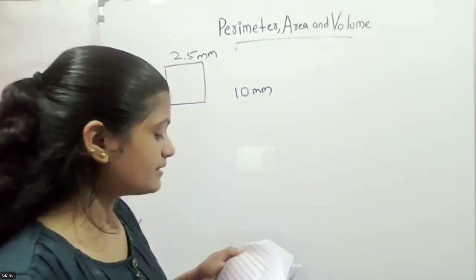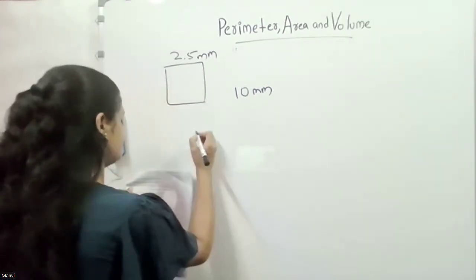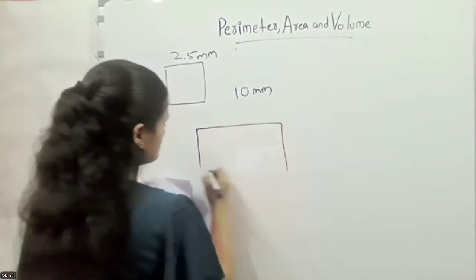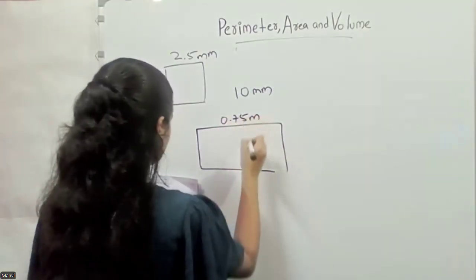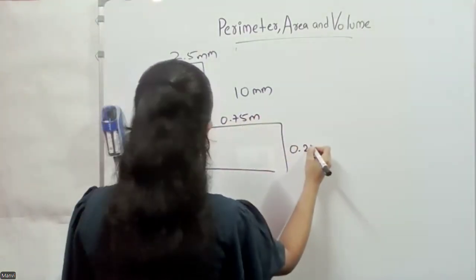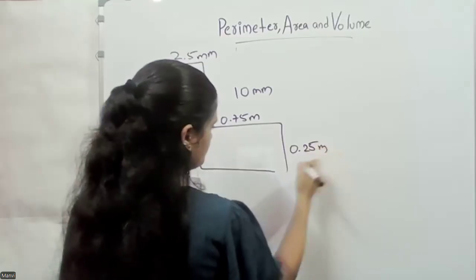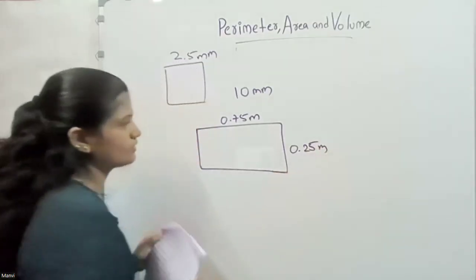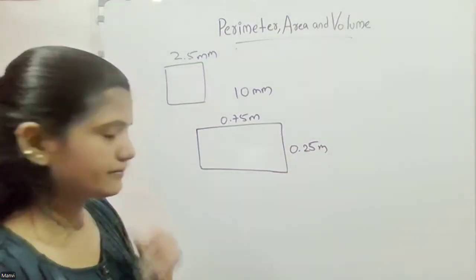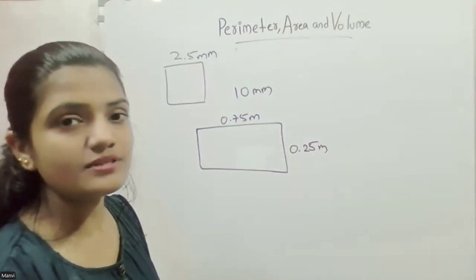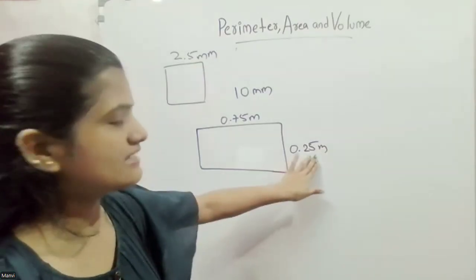Now try question number 17. A rectangle whose length is 0.75 meter and width 0.25 meter. So this is also meter. Sometimes, Kavya, they may give this unit in centimeter.